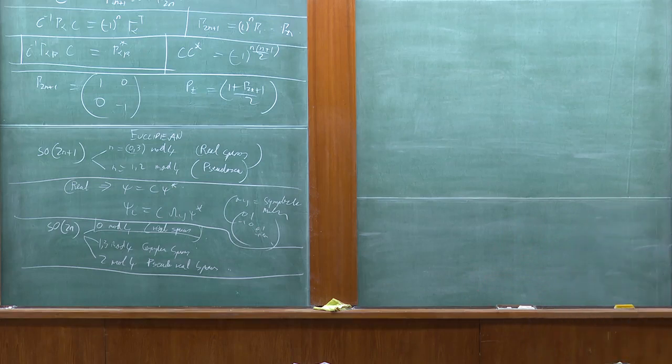Since all of you know group theory really well, SO8 is a beautiful group. It has this fantastic triality property. The three 8-dimensional representations of SO8, namely the fundamental representation, the chiral spinor and the anti-chiral spinor, are all on the same footing.